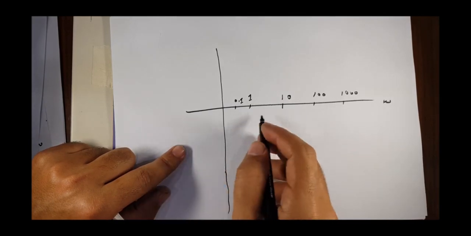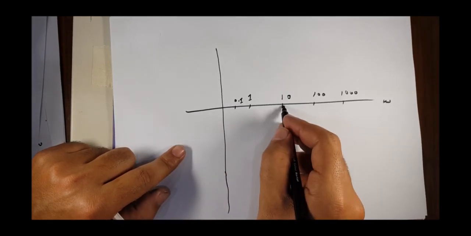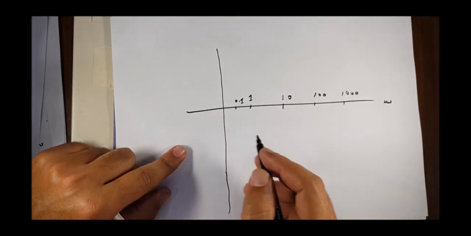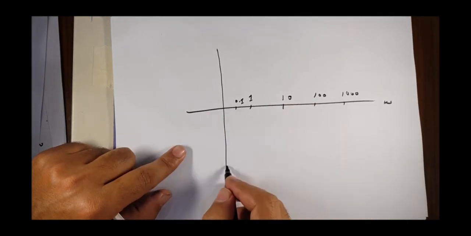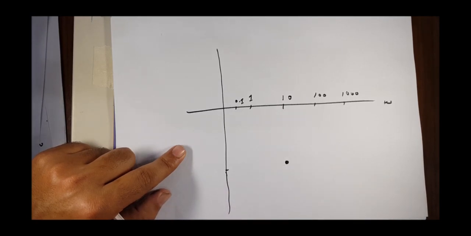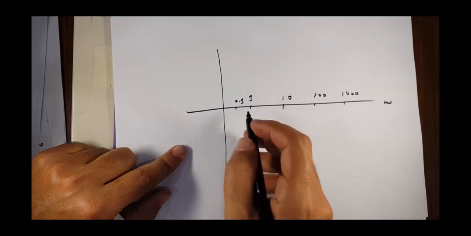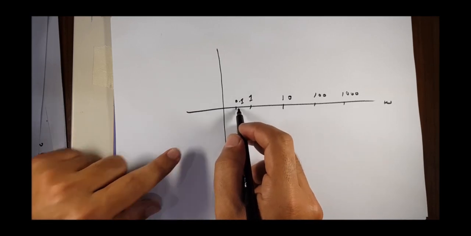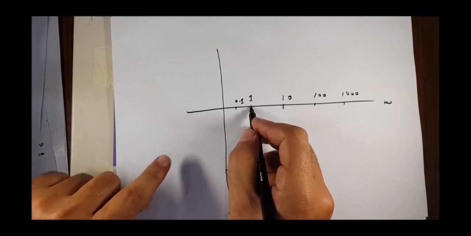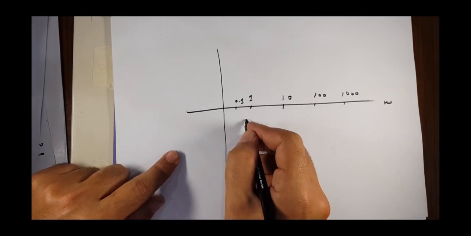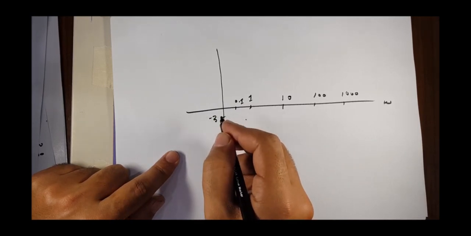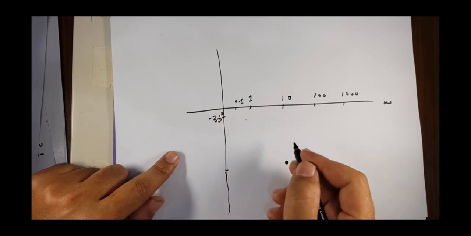So we noted that when omega is equal to omega n, in our example, this angle was minus 90 degrees. When this was exactly equal to 1, this angle was minus 3.5 degrees.